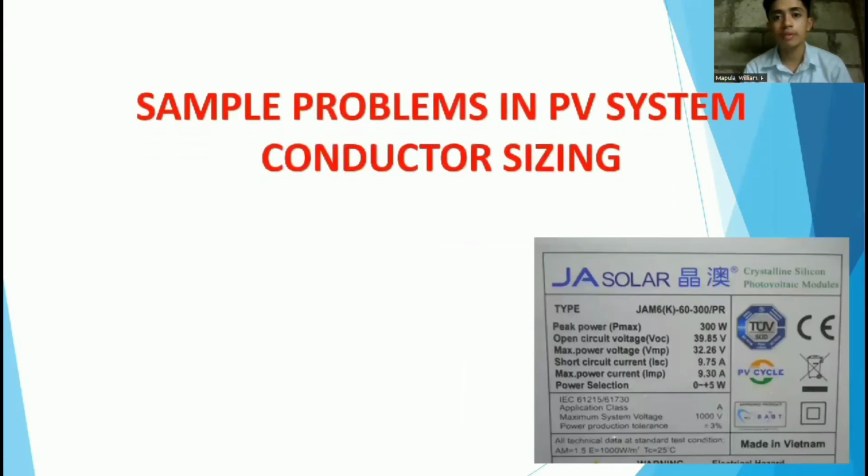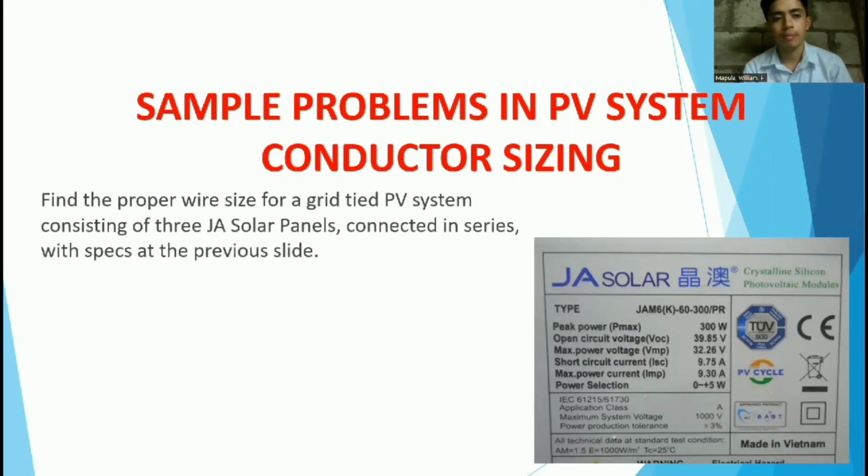Then, we have sample problems in PV system conductor sizing. Find the proper wire size for a grid-tied PV system consisting of 3 GA solar panels connected in series with specs at the previous slides. Gagamitin natin yung GA solar panels kung saan gagamitin natin yung series.